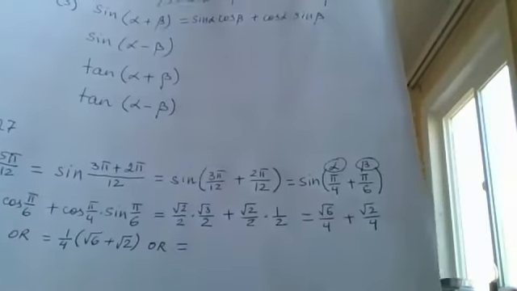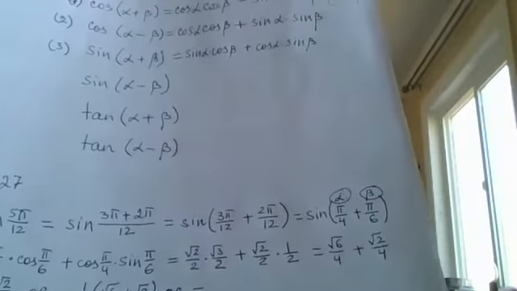What about the third one? Square root of 6, is it square root of 2 times square root of 3? Yes. So in this parenthesis, instead of square root of 6, you can have square root of 2 times square root of 3, and you can factor out square root of 2. So your answer has the third form: square root of 2 over 4, times square root of 3 plus 1.